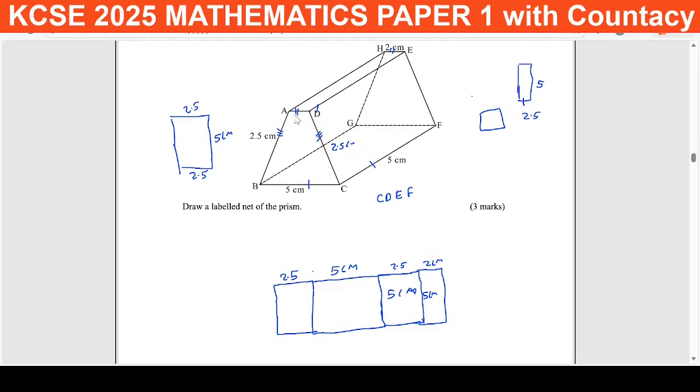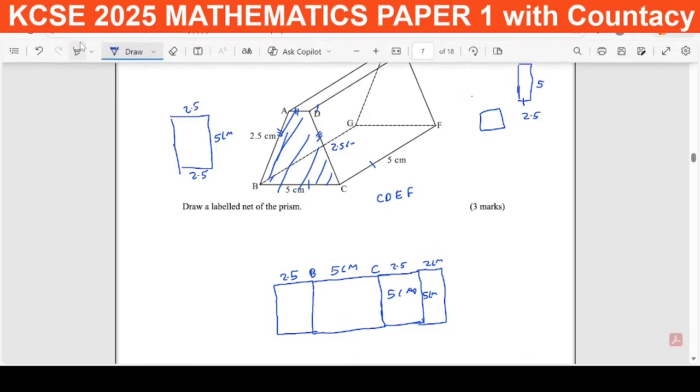Finally, what you are remaining with is this plain figure here. For this one, I can label because I'm not going to use the diagram again so much. So remember that the part that we are having here is BC. Let me actually try to label it differently so that you don't confuse it.